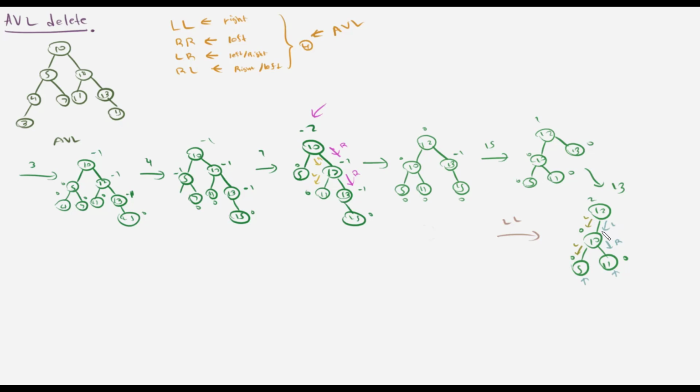So it will make my tree look like what? 12 will go downside and 11 will be attached to it, and 10 will be the new root. So 10 will be here, 5, 12 and 11. Let me consider the balance factors. So 0, 1, 0, minus 1. So see, we are balanced.